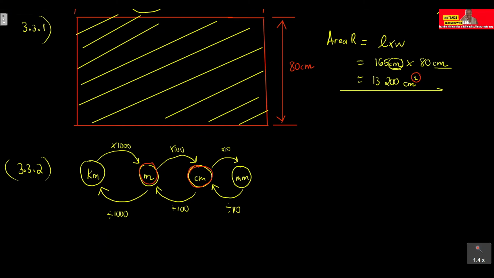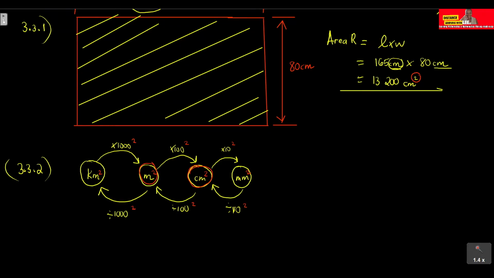So we want to move from kilometers squared, meters squared, centimeters squared, millimeters squared. So what is happening? We also need to square these values. So it's going to be 1,000 squared, 100 squared, 10 squared, and 10 squared, 100 squared, 1,000 squared.